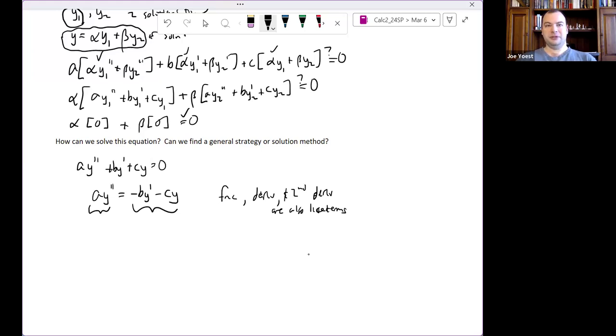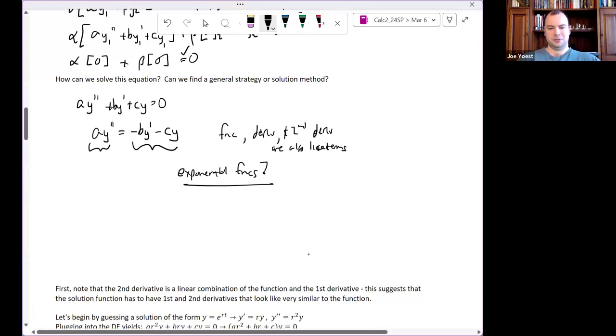Roughly speaking, its derivative is itself and its second derivative is itself, and you can't get much more like a like term than just being yourself. So maybe a good candidate function to use is an exponential function of some sort.